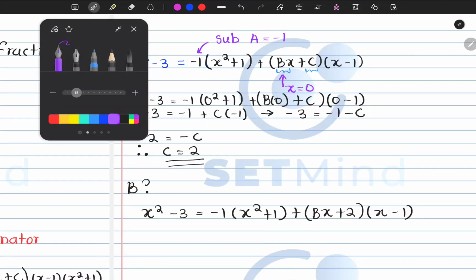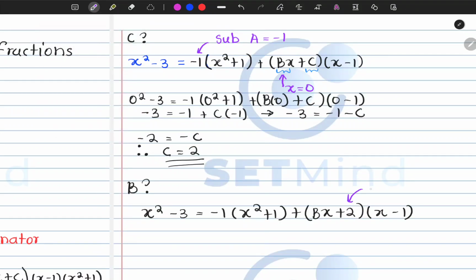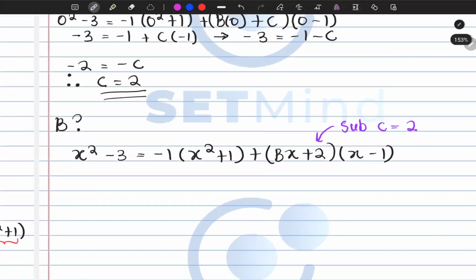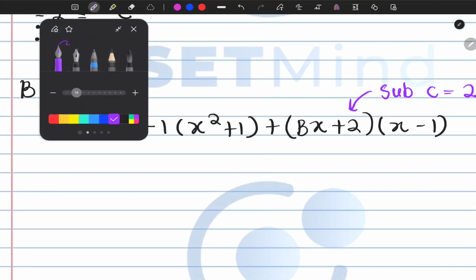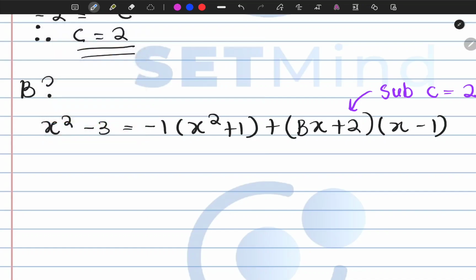So what we did is we sub the c. So which means the only thing which I do not know now is b. So for me to find b, I can actually substitute any x value as long as the b is not going to be cancelled, if you think of it.